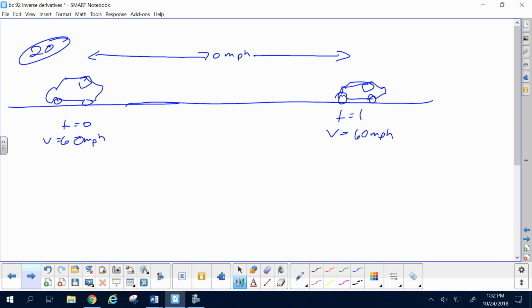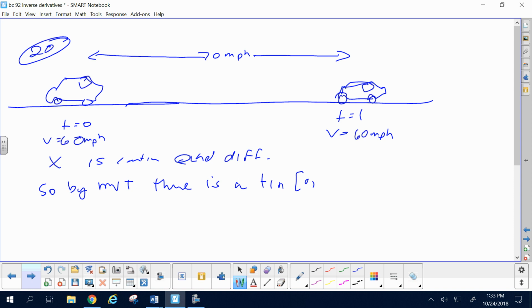We want to make a conclusion about the instantaneous change in position. So x, or position, is continuous and differentiable. So by the mean value theorem, there is a time in the interval 0 to 1 when the velocity, or the derivative of position at that time, is equal to the average rate of change, which is change in position over the time interval of 1 hour.